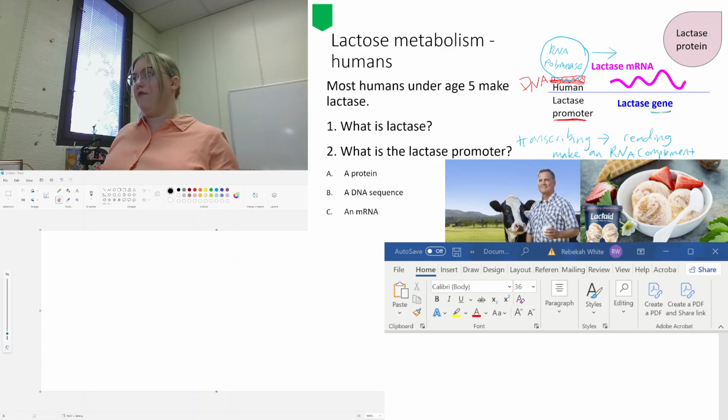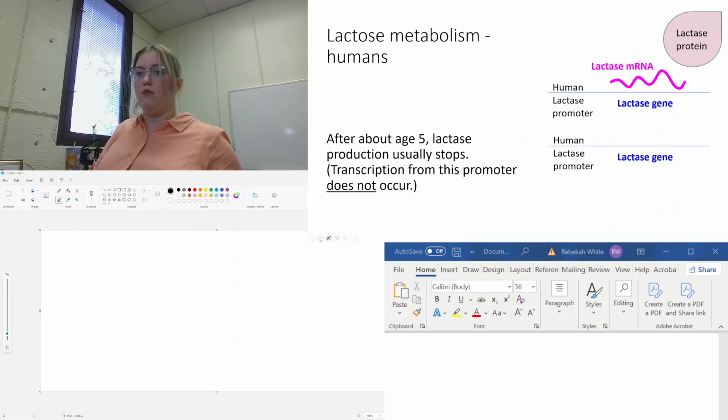So we have our lactase mRNA that gets taken out of the nucleus and made into an enzyme. Now, there is a mutation in humans, like the video is saying, where this lactase enzyme is produced after age 5.